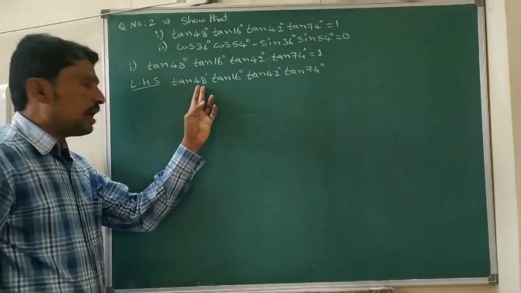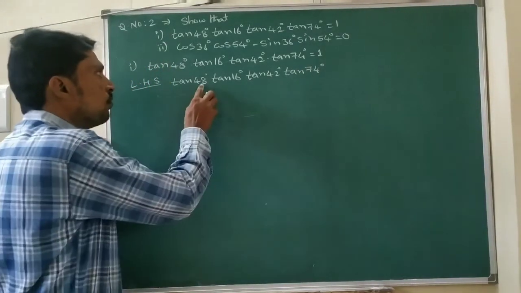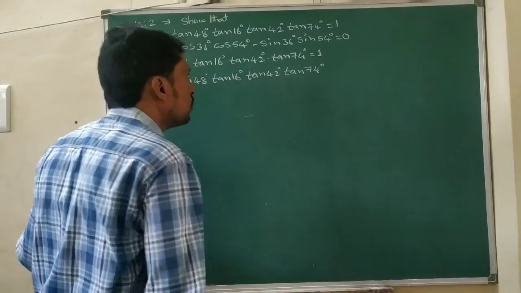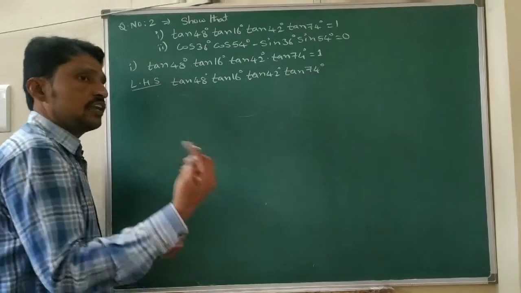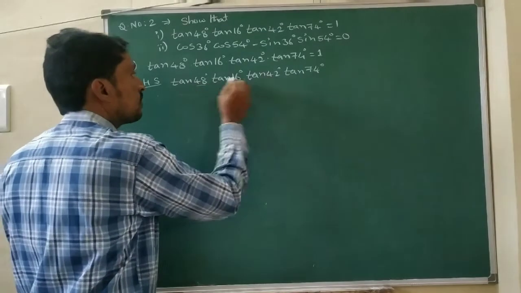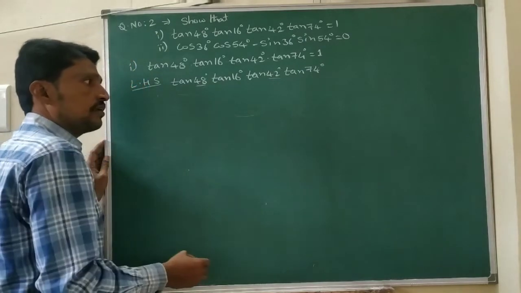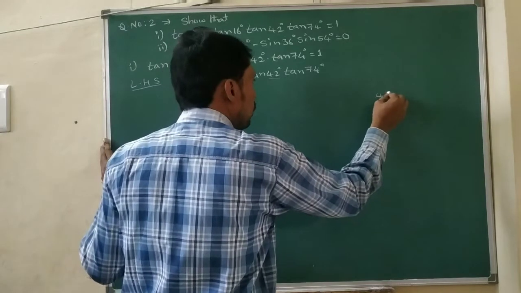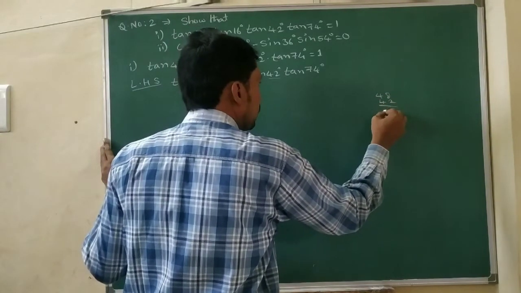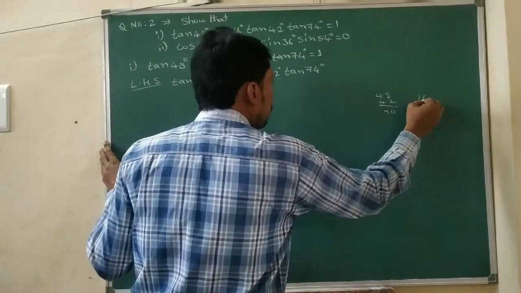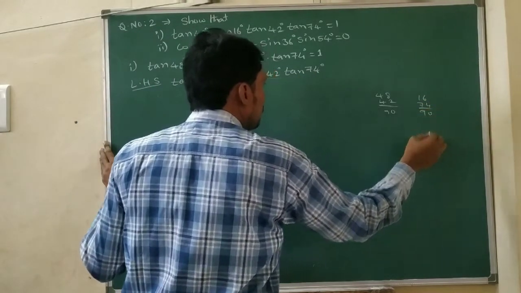Here we have to see the angles 48, 16, 42 and 74. Which two angles, when added, give 90 degrees? 48 and 42: 42 plus 48 we are getting 90. And 16 plus 74 also we get 90.